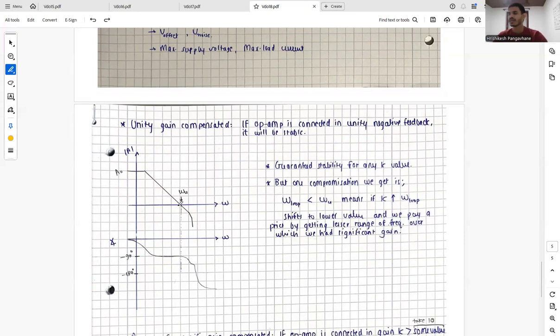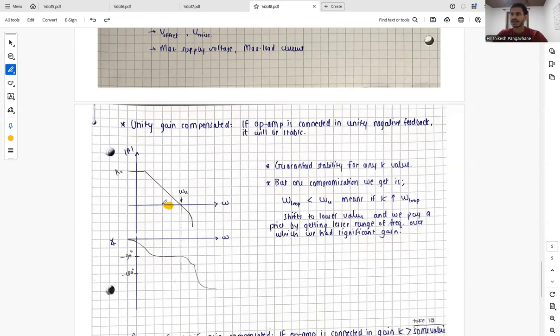But here we have to make one compromise, which is that our omega loop is always going to be lesser than omega U. So our omega loop is always going to lie at lower frequencies, which means that if we increase the value of k, omega loop shifts to a lower value, and we pay a price by getting a lesser range of frequencies over which we have significant gain.